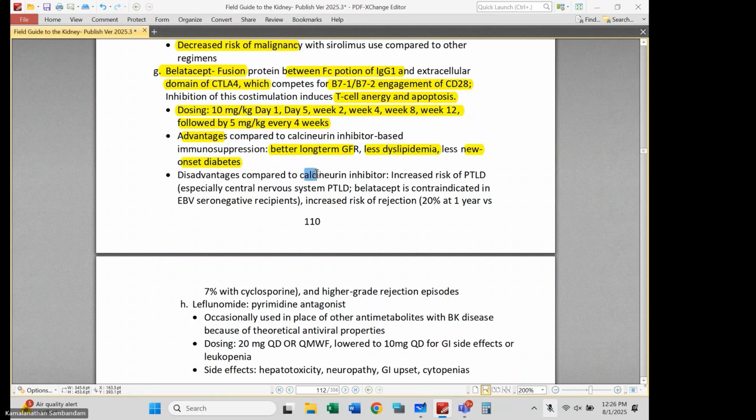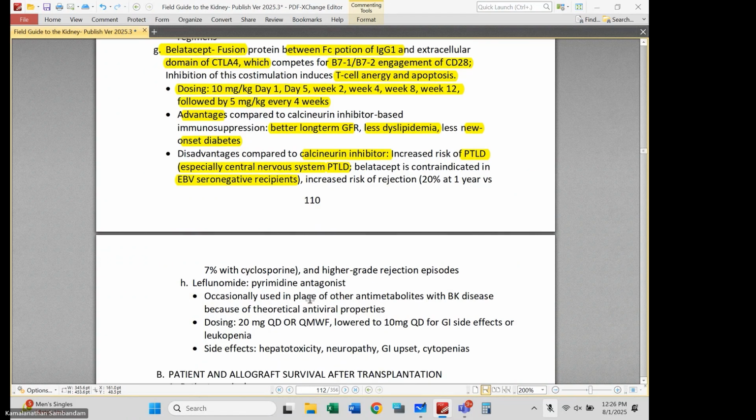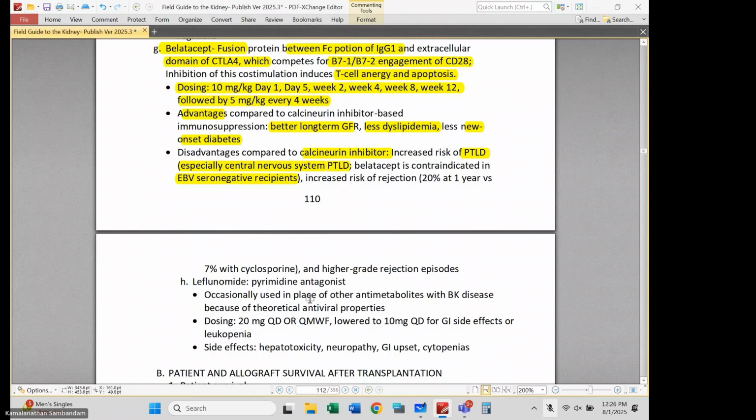But those same studies also showed an increased risk of PTLD, okay? Especially CNS PTLD, okay? In fact, it is now contraindicated if you are seronegative for EBV. Okay, the presumption is, remember, PTLD is typically driven by, not always, but typically driven by EBV.